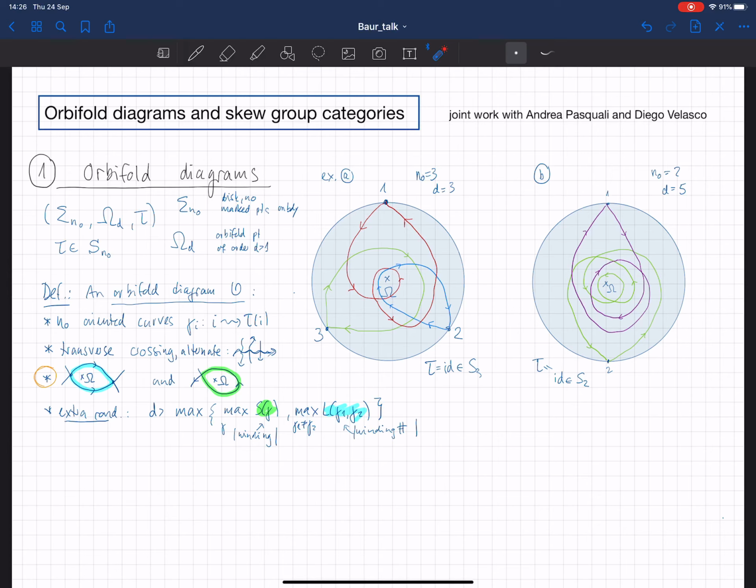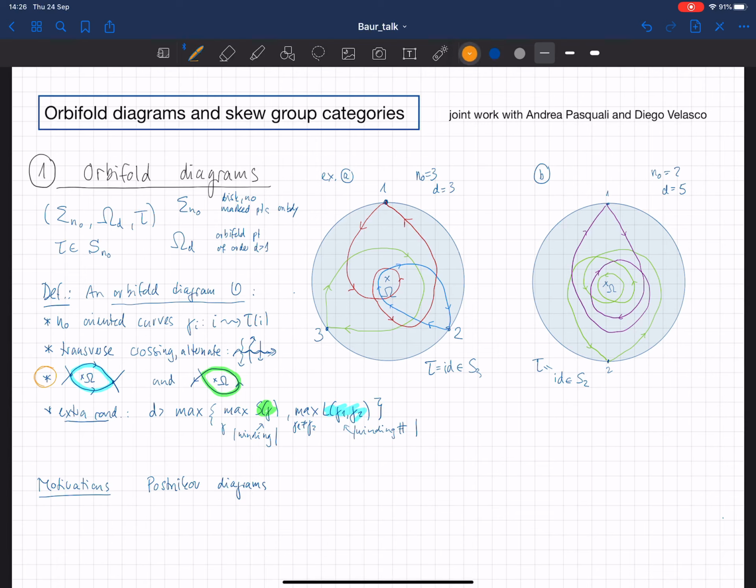Okay, you have this also on the poster, so you can have a look later if that was a bit quick. For motivation, these diagrams really are inspired by Postnikov diagrams or alternating strand diagrams, which have the same conditions except for the last two.